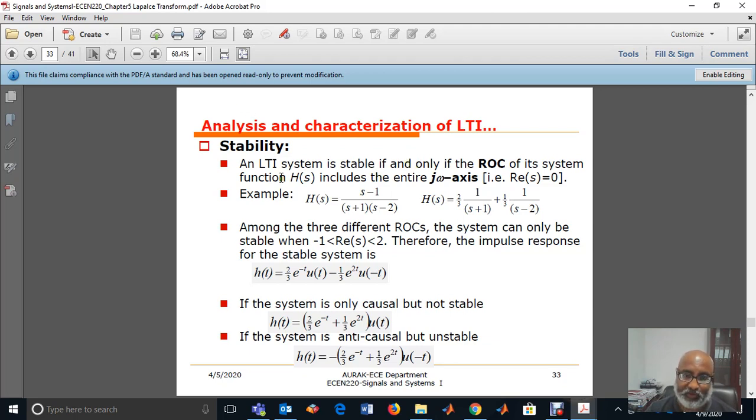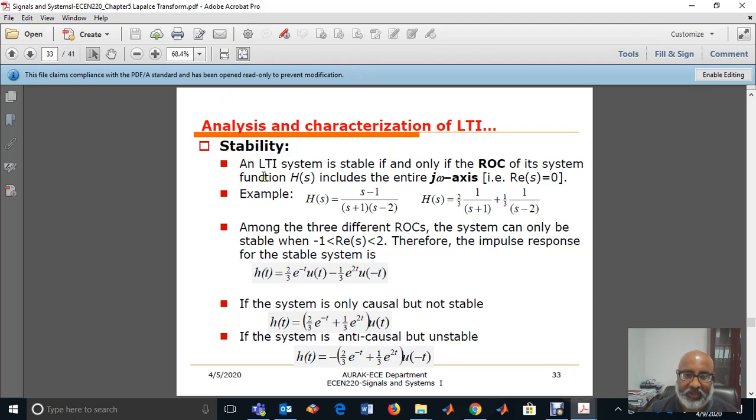It should be noted that this should be true for all time t. This is the definition of stability in chapter 1.